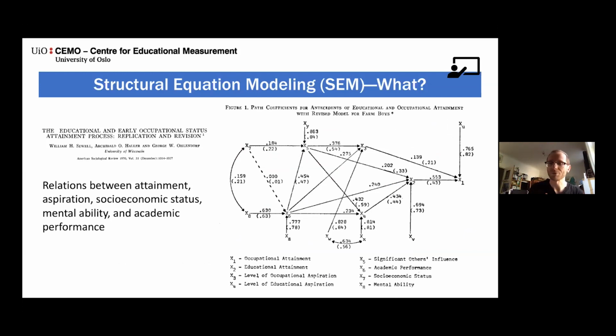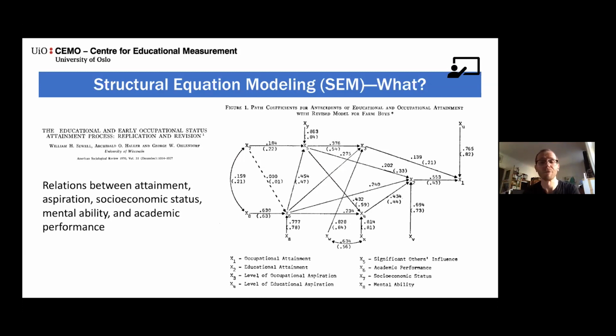The authors wanted to predict occupational attainment, which is what they called the variable x1, the ultimate outcome variable. And they used all sorts of other variables and placed them as predictors or possible other explanatory variables to find out what may predict a student's occupational attainment over time.